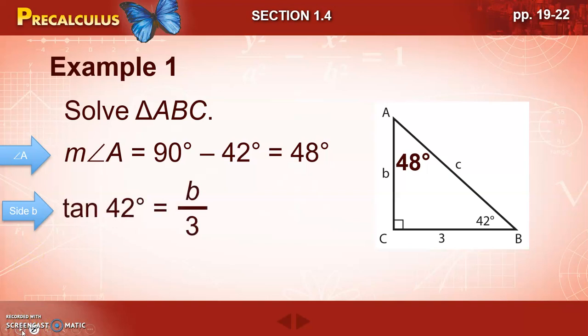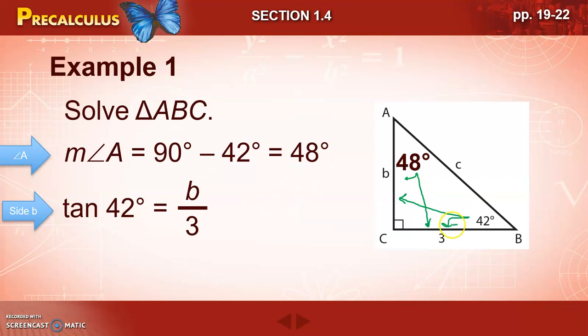All right, what about side b? Well, to figure out a missing side, we need to use a trig value. In this case, we're going to do the tangent of 42. Since tangent is opposite over adjacent, we know that the side opposite of 42 degrees is side b, and the adjacent side is side 3. We could also do the tangent of 48, using opposite for 3 and adjacent for b.